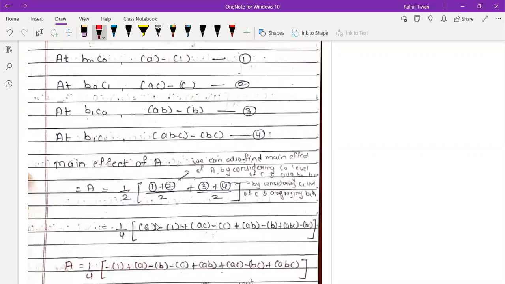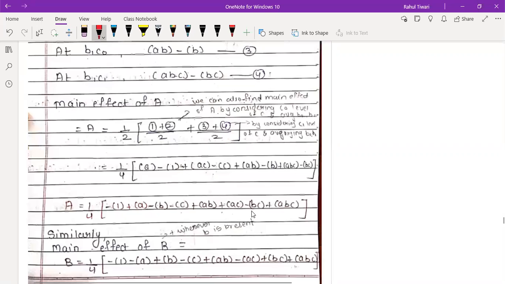But this has become tedious to remember, tedious to memorize. So I'm going to use again the concept of getting treatment effects with proper combinations. What are the combinations we have? 1, A, B, C. These are the combinations. Then you multiply this with this, you'll get AB.